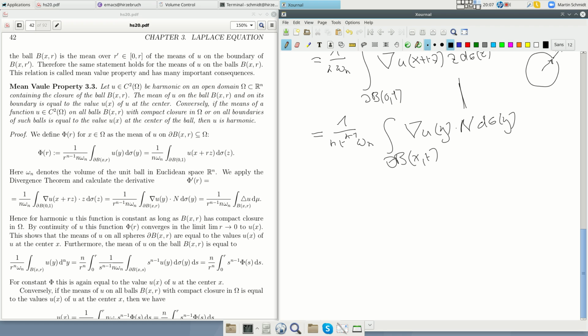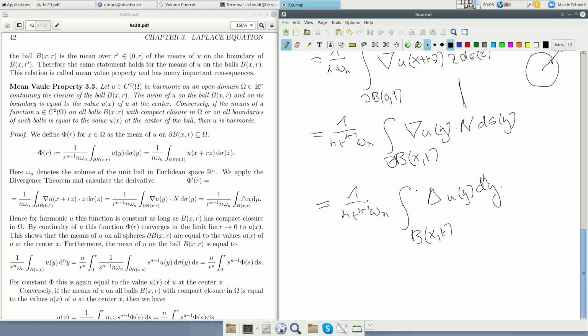Now we can apply the divergence theorem. This is the right hand side of the divergence theorem. So we get 1 over n r to the n minus 1 omega n. And now we should take the divergence of the gradient. Now we should integrate, of course, over the ball. But the divergence of the gradient is the Laplacian. Laplacian u of y, dy. So we get this.